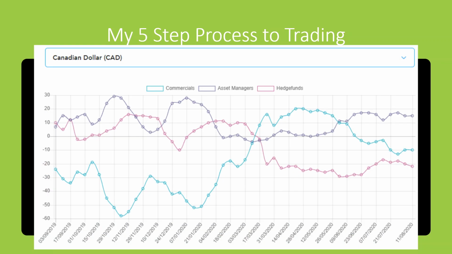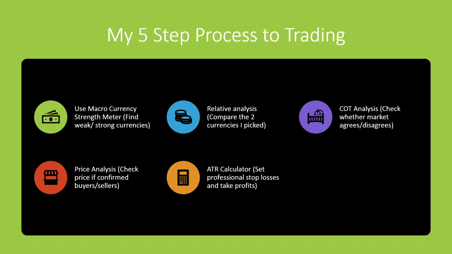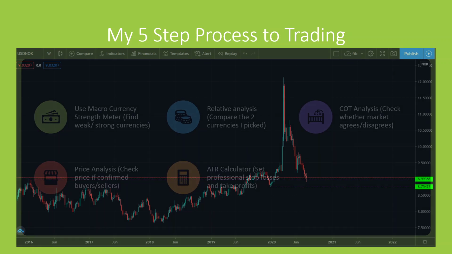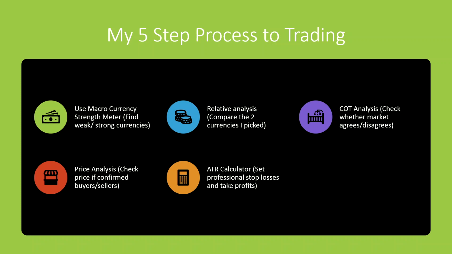Third step, I'll scan over the COT analysis tool we have at Logic FX. This will check whether the markets are with us or against us. And if they're with us, we can move on to step 4, which is price analysis. And this is just to confirm whether buyers or sellers are coming in at a certain price and they're actually agreeing with our idea on a technical level.